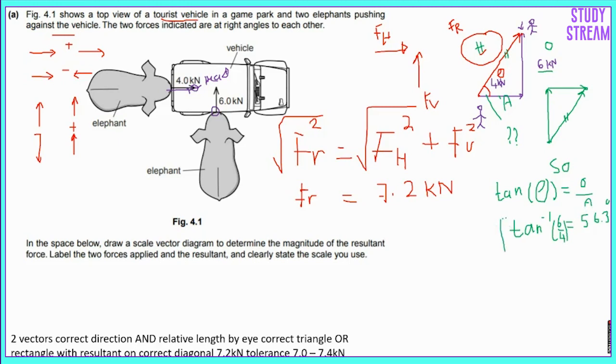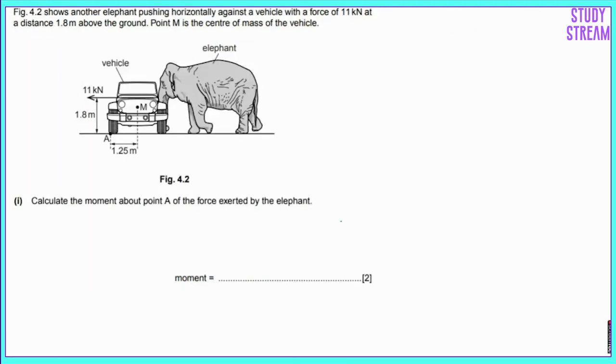Now this is the angle, and when you write the force, you can say the resultant force is 56.3 from the horizontal. Okay, good.